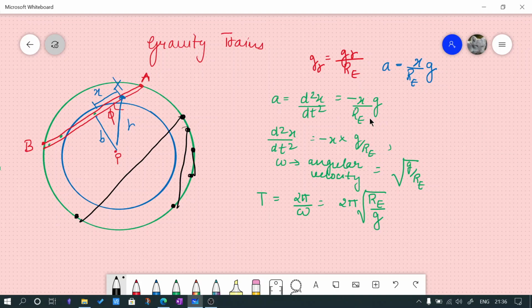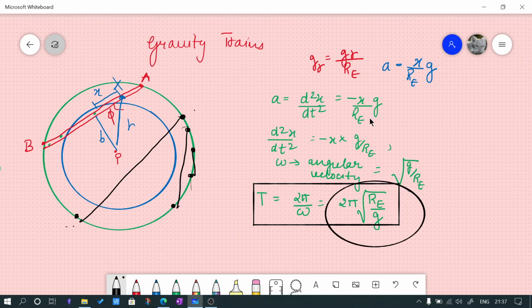This is definitely longer than this, and intuitively one might feel that the time taken for a particle to fall from this point to reach this point will be greater than the particle traveling through this tunnel. As it turns out, the time period taken to complete one entire motion, from point A to point B, on any of these lines is the same, and is only dependent on the radius and the gravitational acceleration at the surface of the Earth.